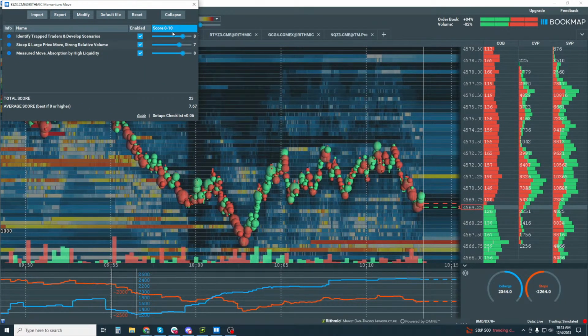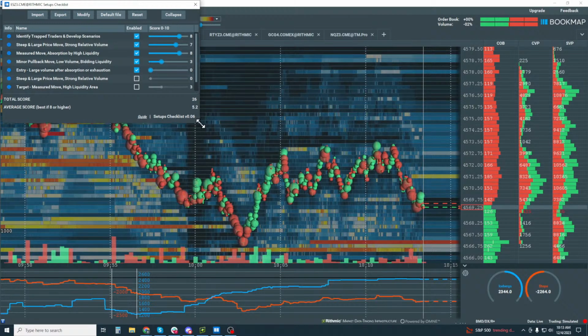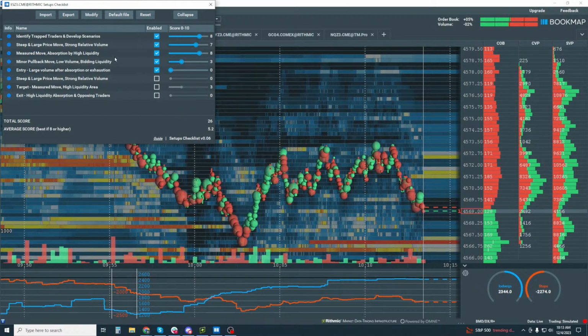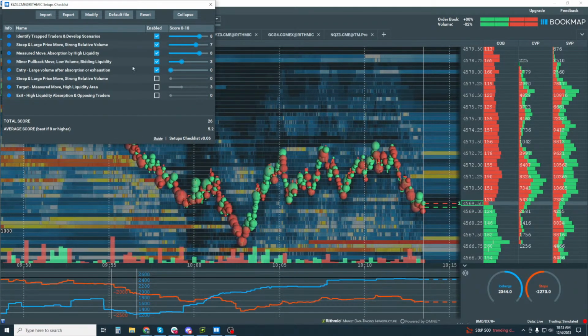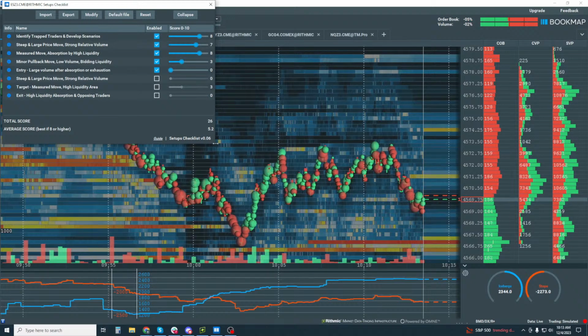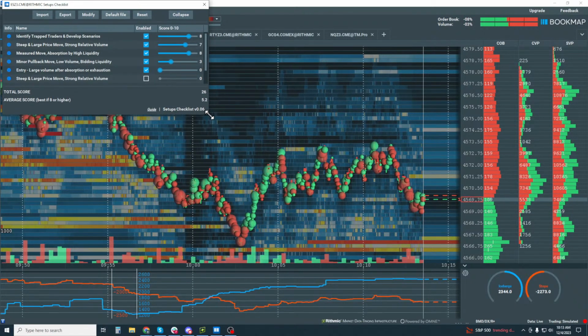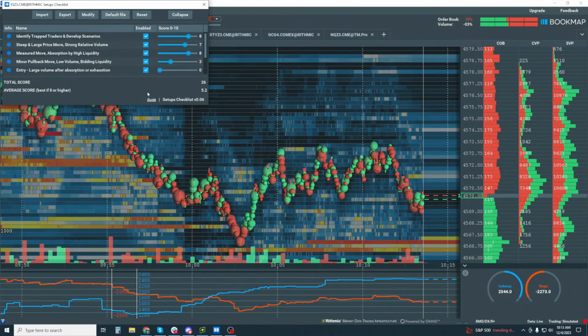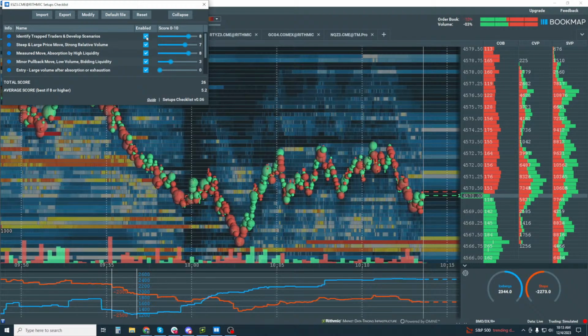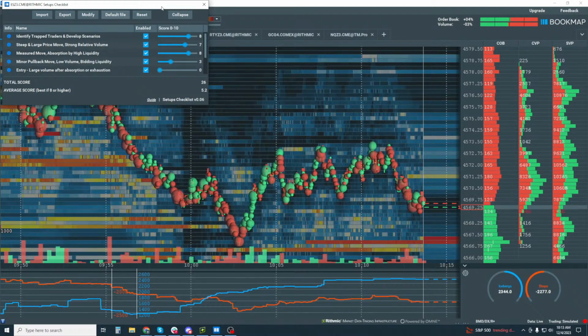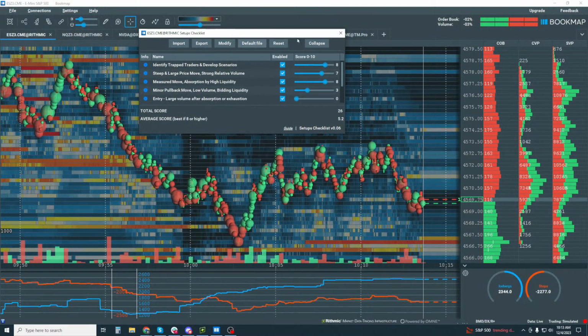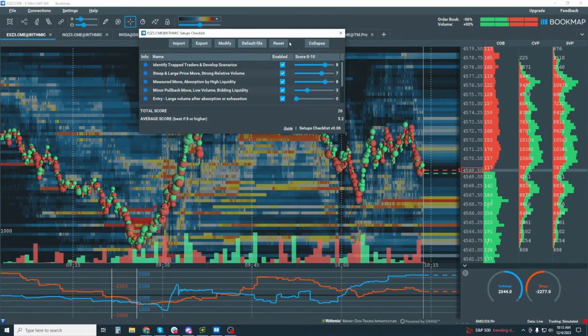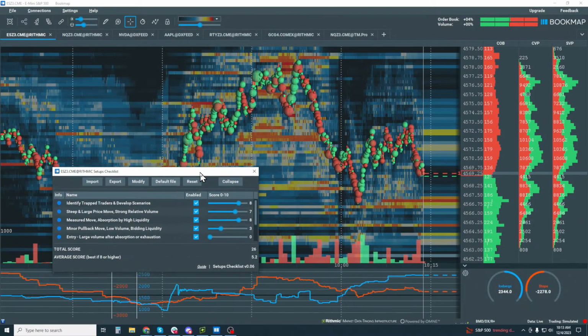We can look for it within Bookmap, and this will guide you through your selection of a better trade by understanding what you're looking for, then checking it and grading it, just like we just did. This is what is going to make a really nice difference.